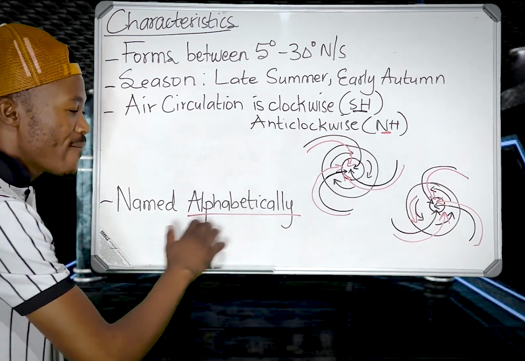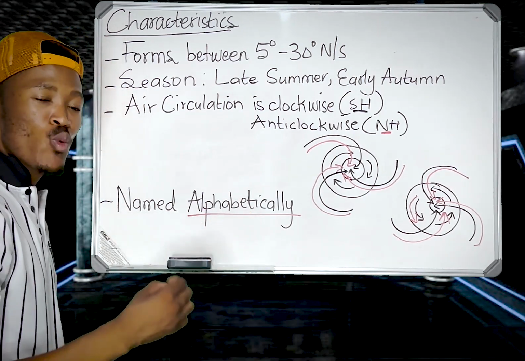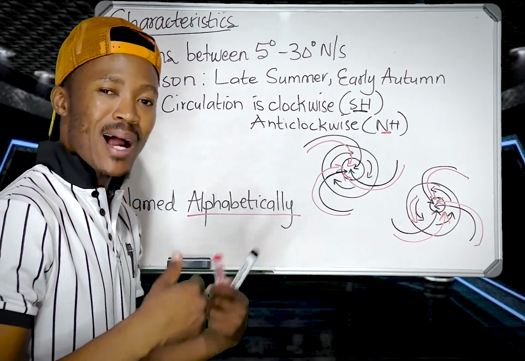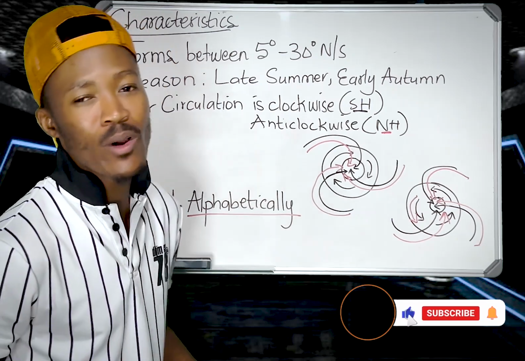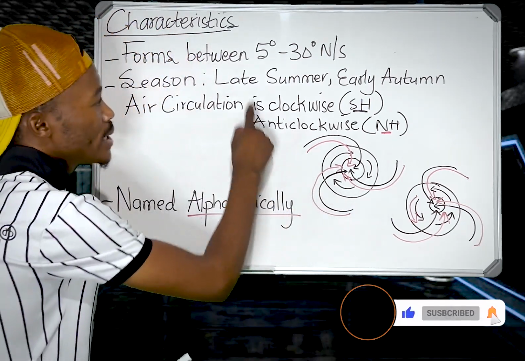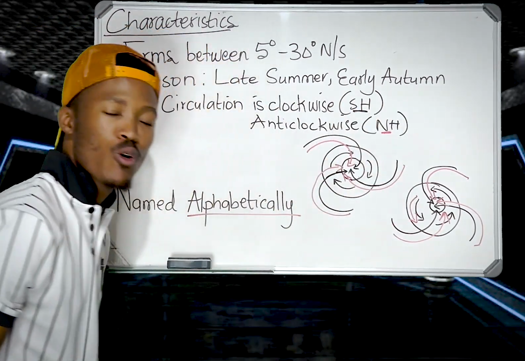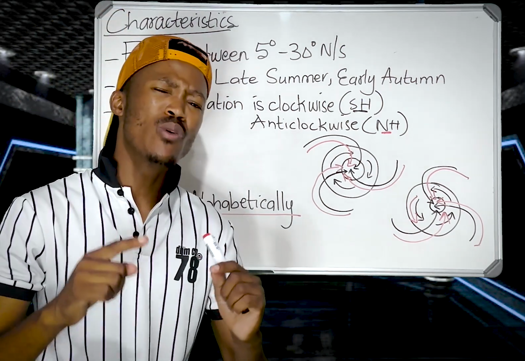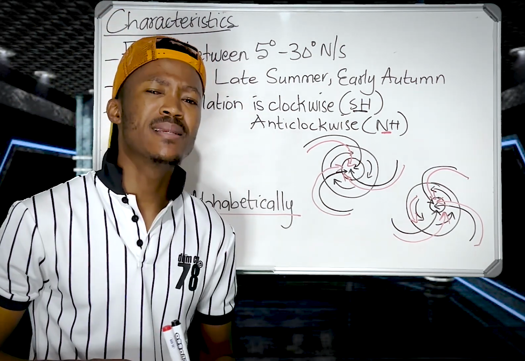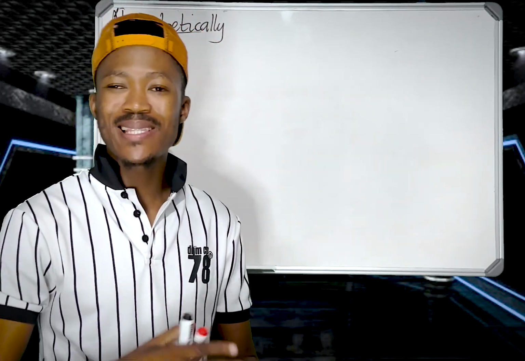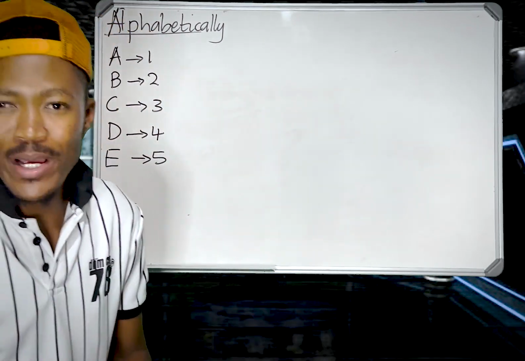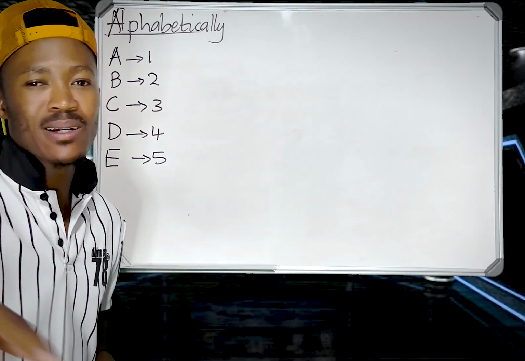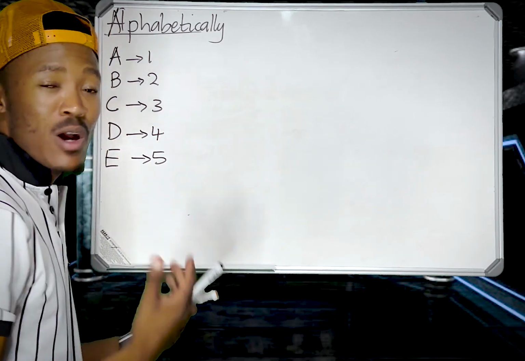When we say alphabetically, it is to say that we are going to use alphabets to help us identify the number of tropical cyclones that have occurred in a season, during late summer, early autumn. Now let us look at how this system that we use to name our tropical cyclones alphabetically is going to apply in a real world situation.